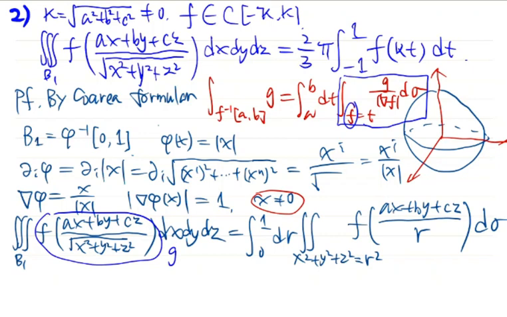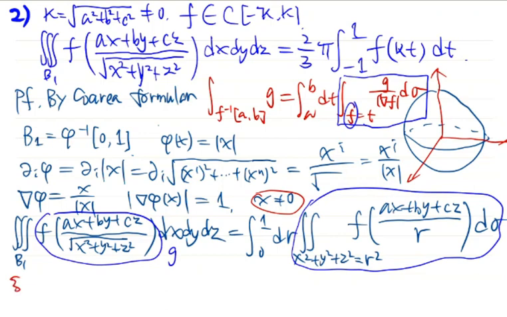Then this is the surface integral over a sphere of radius r. Of course, we want to transform this into a surface integral over a sphere of radius 1. So we make a change of variable. How to change the variable? Let xi be x over r, eta be y over r, zeta be z over r. This transformation will transform the sphere of radius r to the unit sphere.